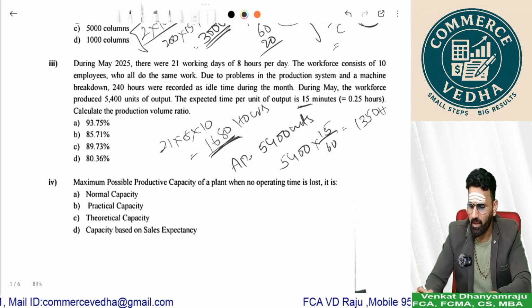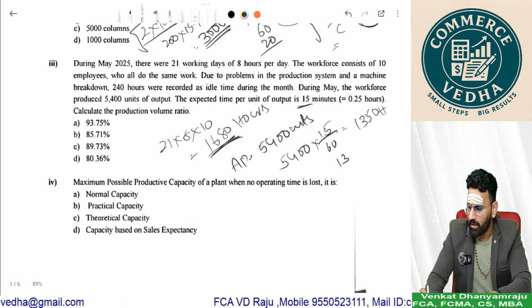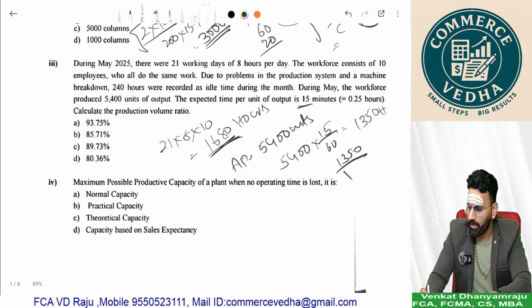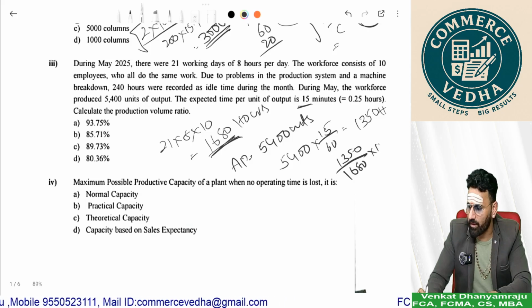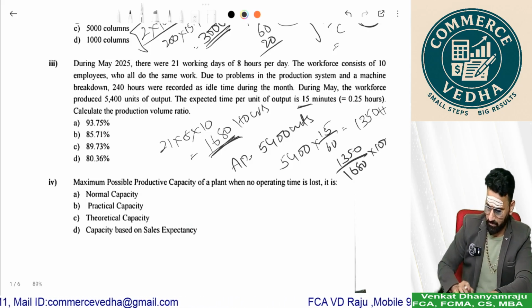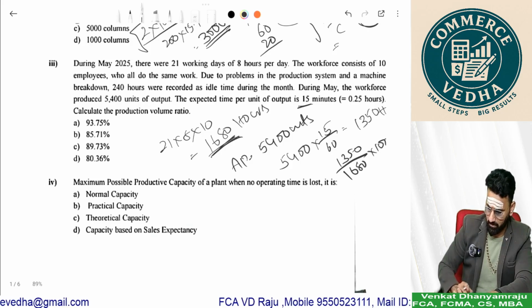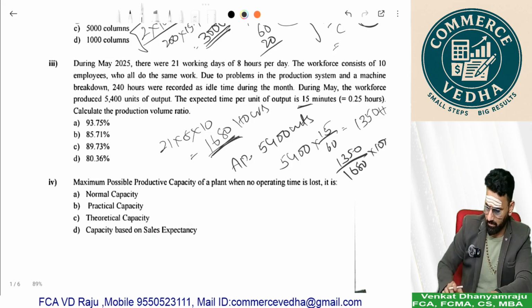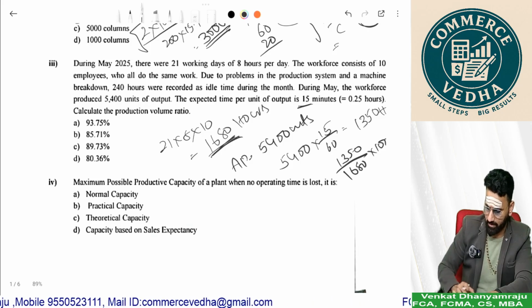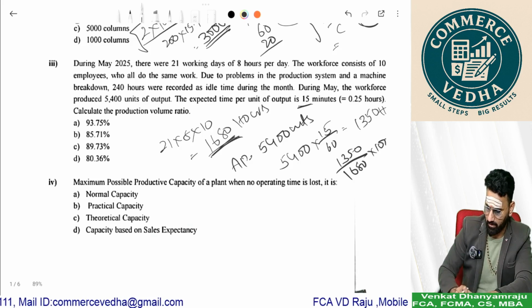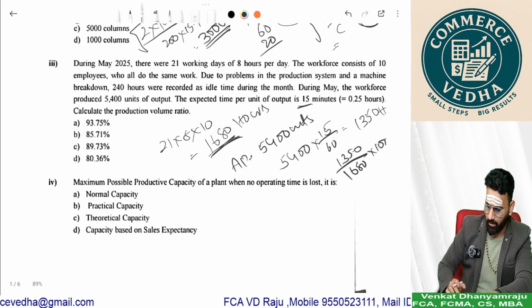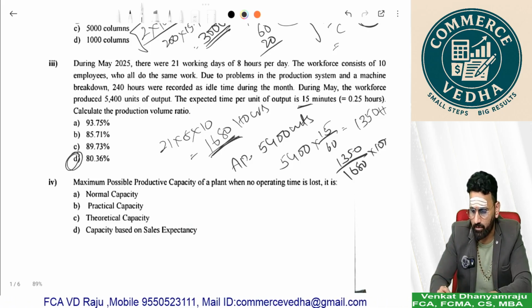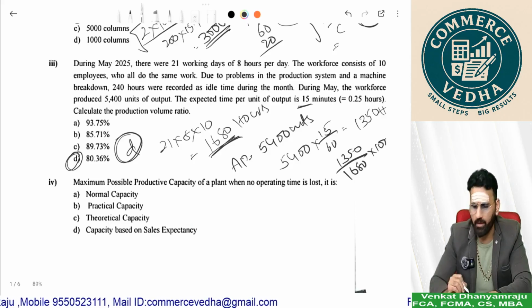So what is the production volume? 1350 by 1680 into 100. 80.357 means 80.36. So the answer is D.